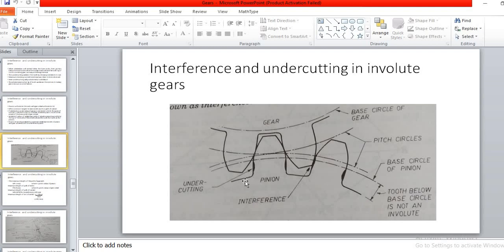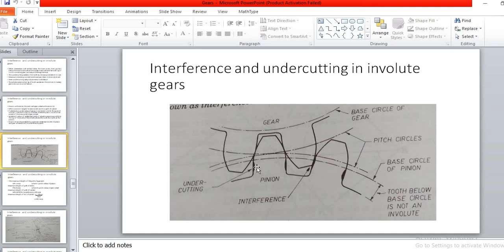So observe the gear below here, that gear shows this undercut when this other gear engages with this gear.